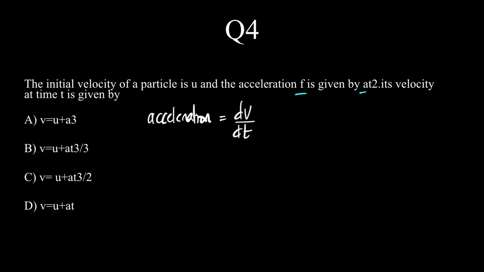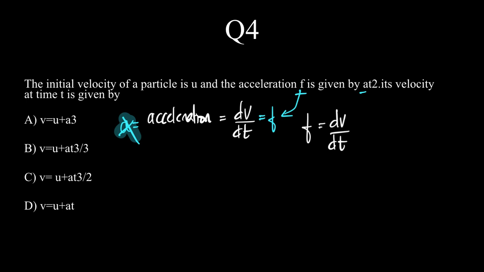So instead of using a is equal to dv by dt, what we should be doing here is use dv by dt is equal to f as given in the question. So what is f? f is given as dv by dt.